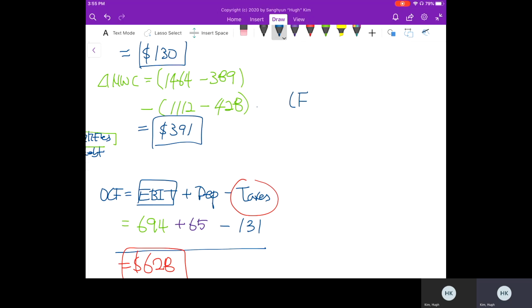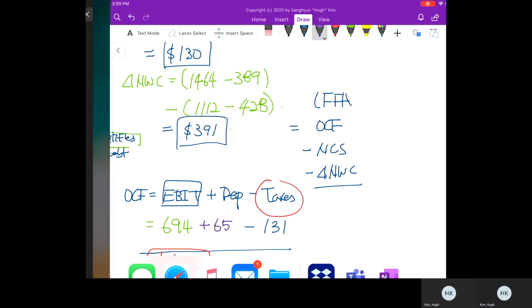Cash flow from assets is operating cash flow minus net capital spending minus change in net working capital.